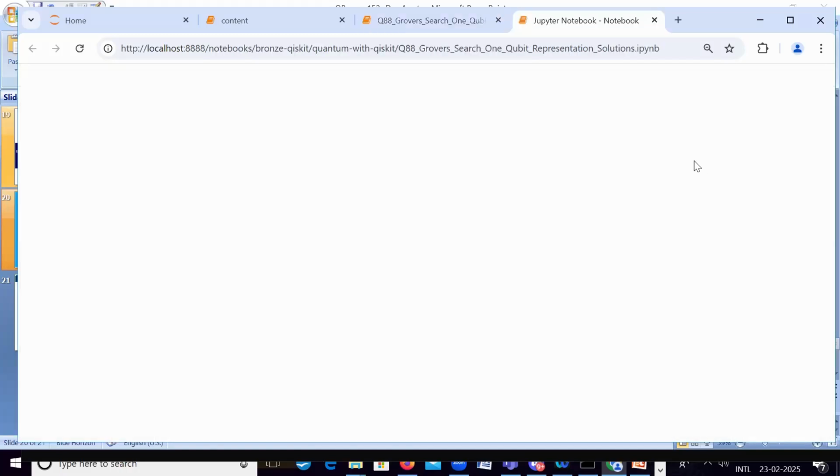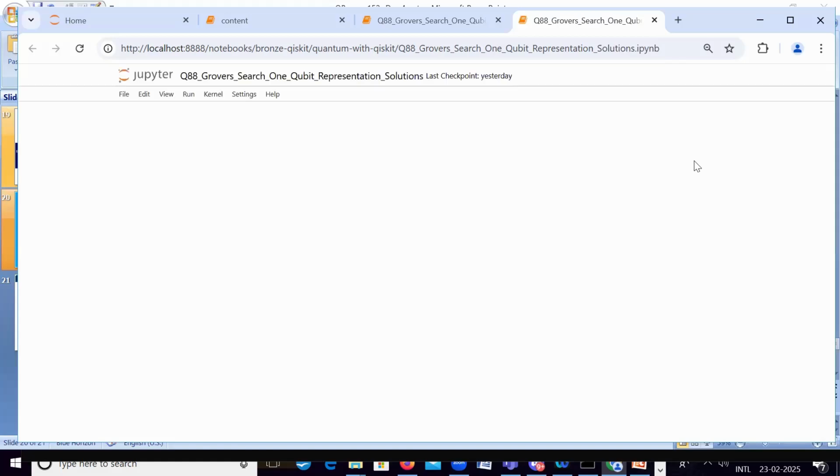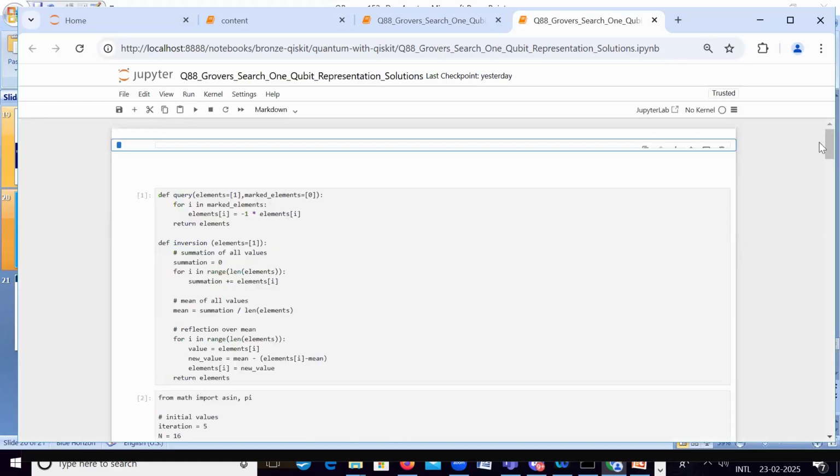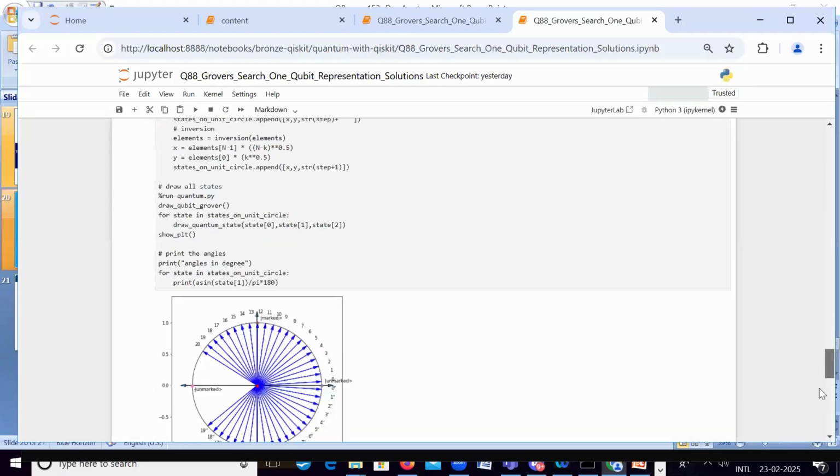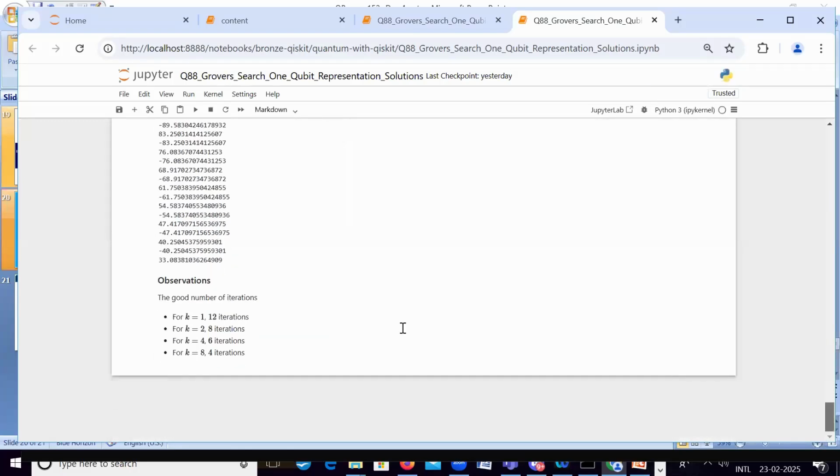If we see here, that is the generalization of that finding. As per this one, we got if k is equal to 1 for the first step.